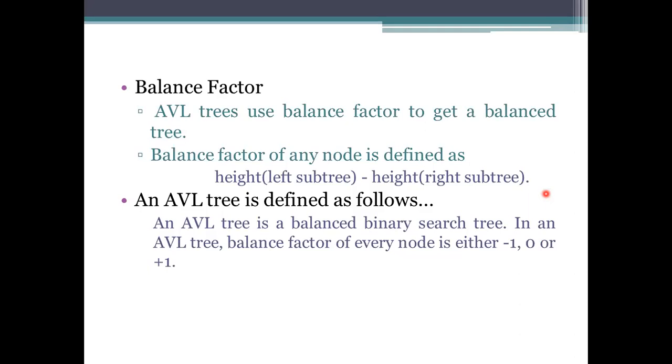So why do we say rebalancing has to be done? As I said, an AVL tree has a balance factor. The balance factor is the height of the left subtree minus the height of the right subtree, or vice versa, and at each and every node it has to be either -1, 0, or +1.